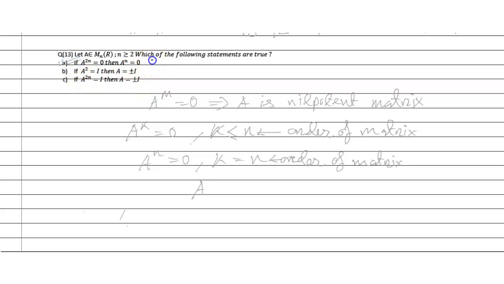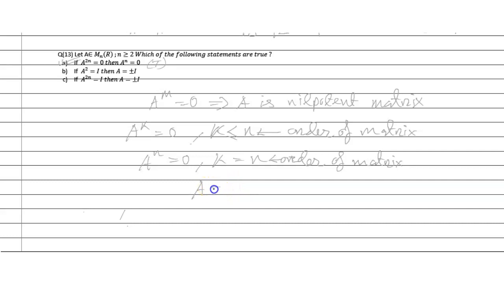First option is true because a to the power k equals 0 means k is less than or equal to the order of the matrix. But here 2n is greater than n, so a to the power n equals 0 is true.